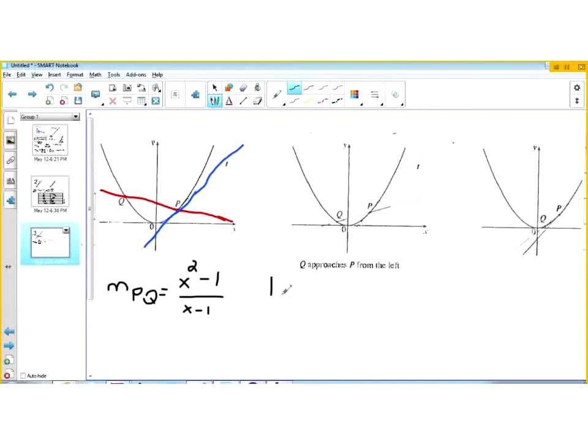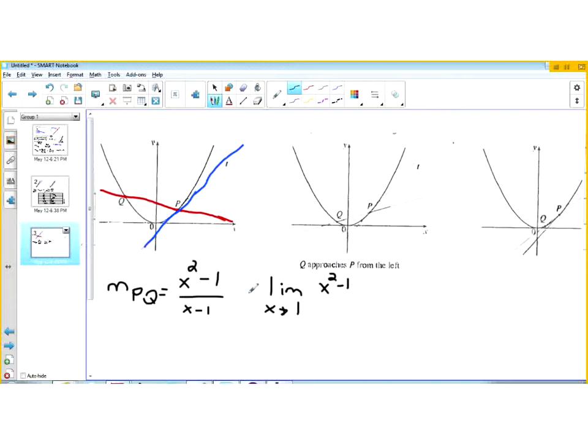And we're still going to solve the same problem. This time Q is walking along the parabola toward P from the left direction. And the way we walk Q toward P is we change the values of x. Don't change the values of y, we change the values of x.